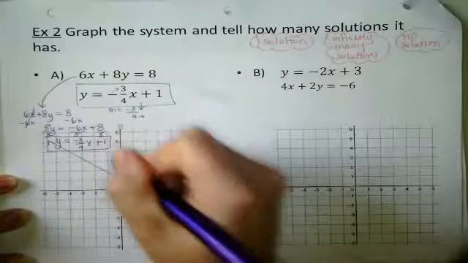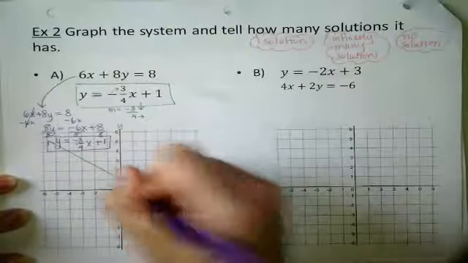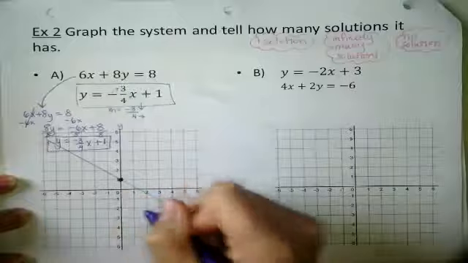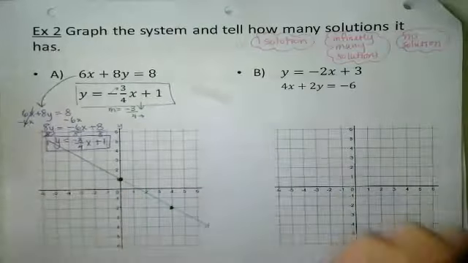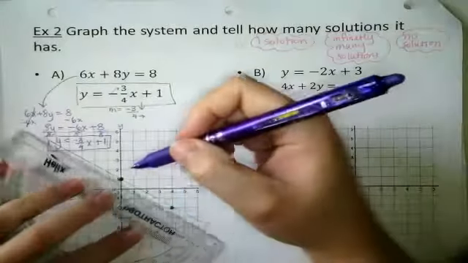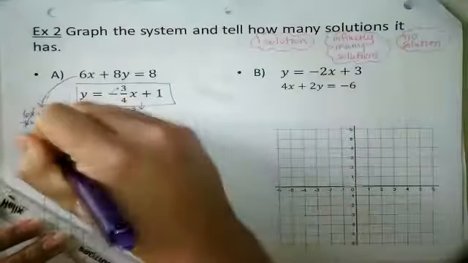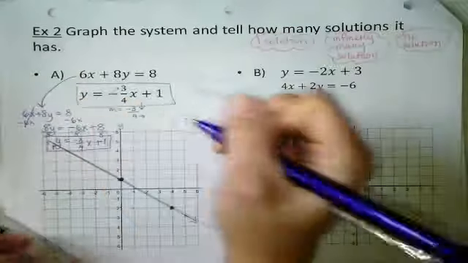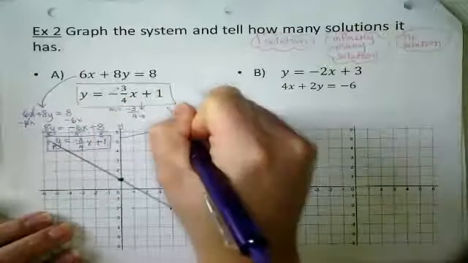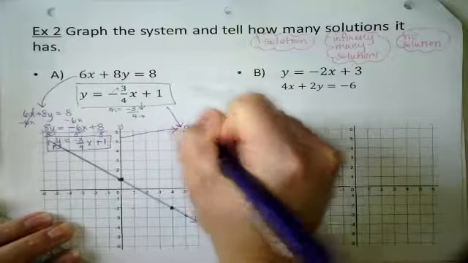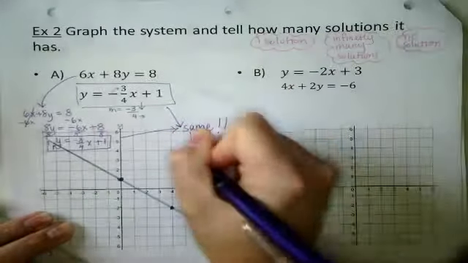So, oh, look, it has a y-intercept of 1 as well. And it has a slope of -3/4. Oh, it is the same line. It is graphed right on top of itself. How many points in common do they have? They are the same line.